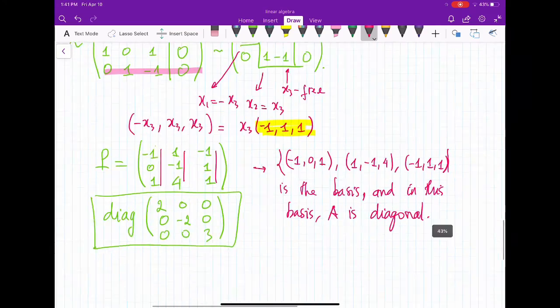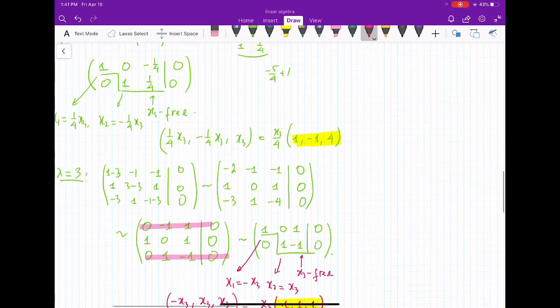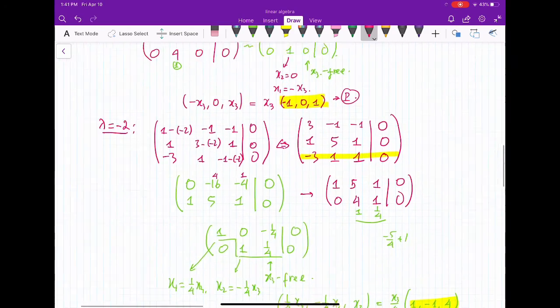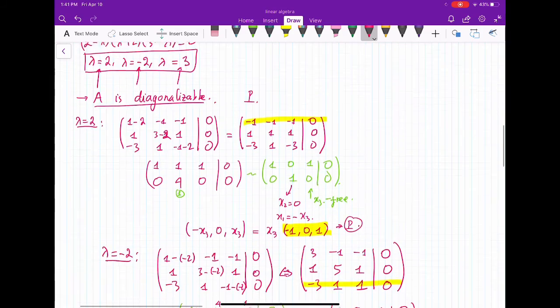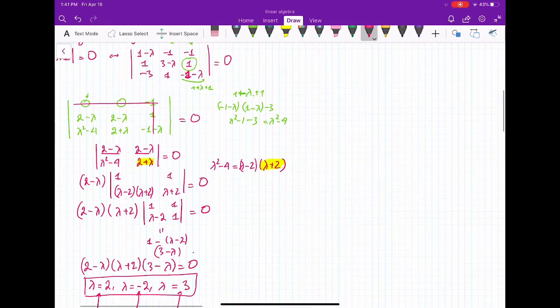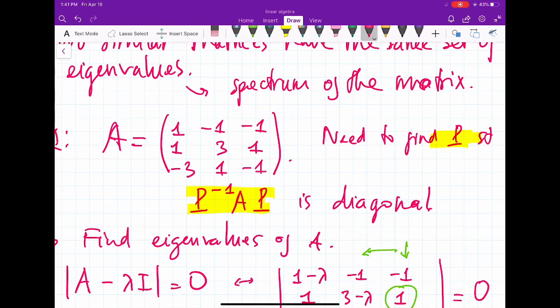So what does it mean? That means if you consider the matrix A and the corresponding linear transformation, let's say this is your A, right? Where's your A? Your A is right here. Okay. And you consider some map T_A, such that T_A x equal to Ax.